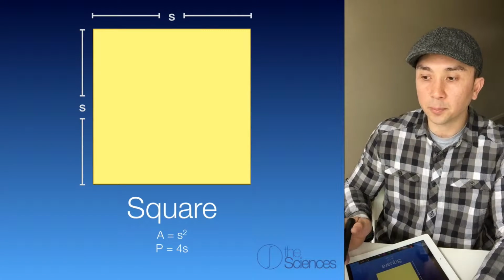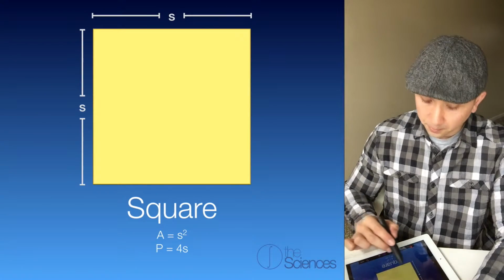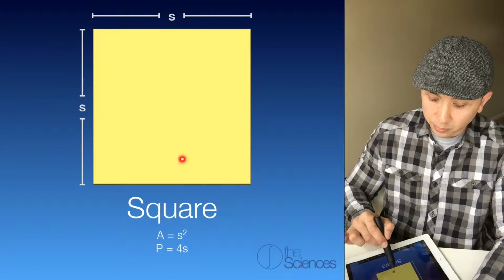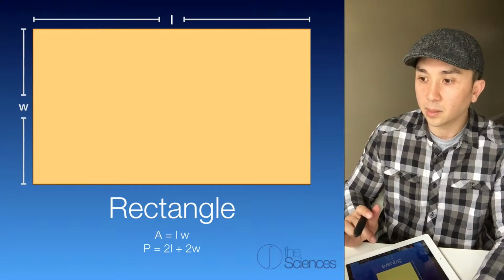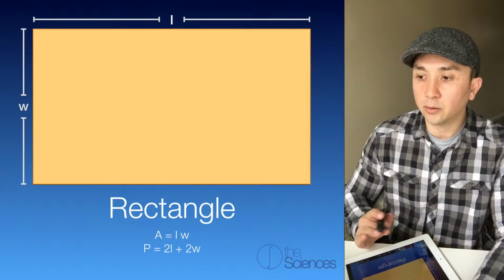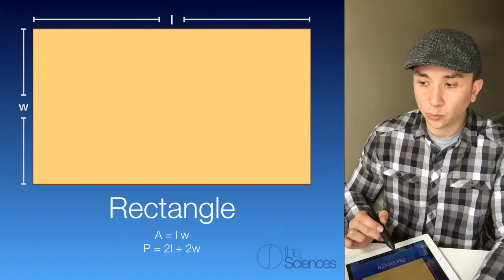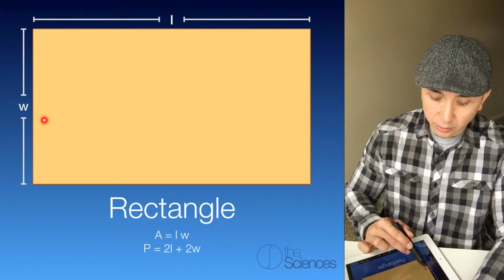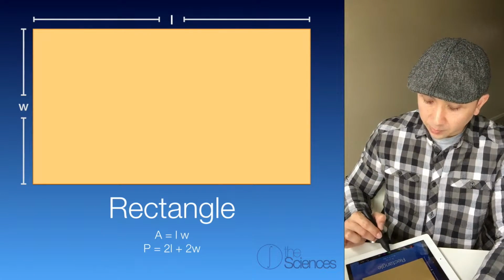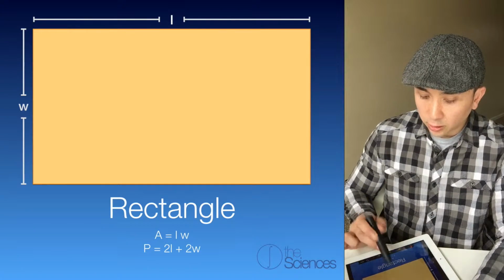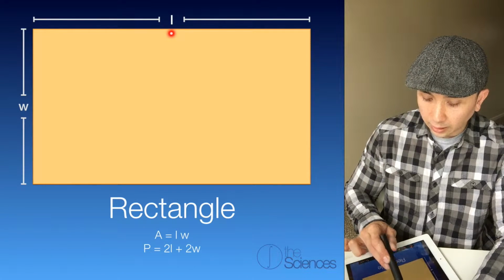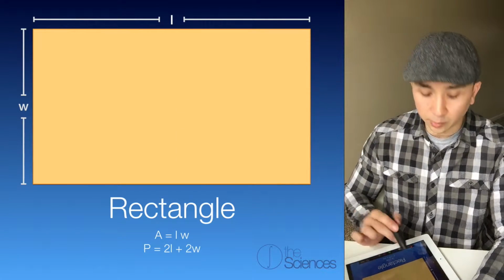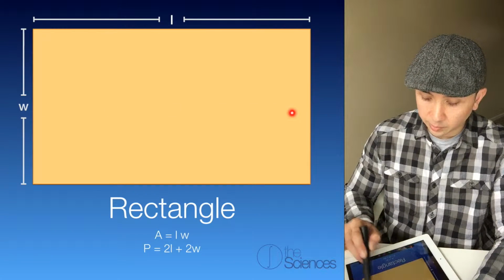The perimeter is 4s, or side plus side plus side plus side. Now here's the formula for a rectangle. The area is the length times the width, and the perimeter is 2L, or length plus length, plus 2W, or W plus W.